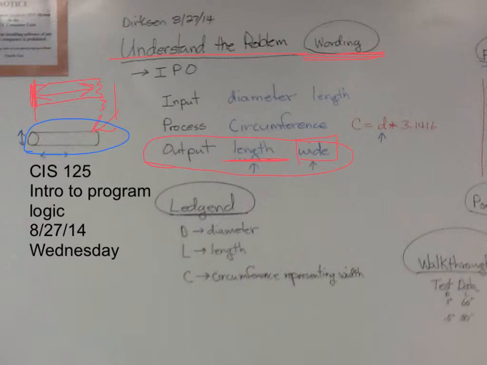Well, the students almost immediately work this way up. To get the output, we would have to calculate the circumference. And somebody came up with the formula: circumference equals the diameter times 3.1416. We mentioned briefly significant digits, but we're not going to get that detailed today. Okay?